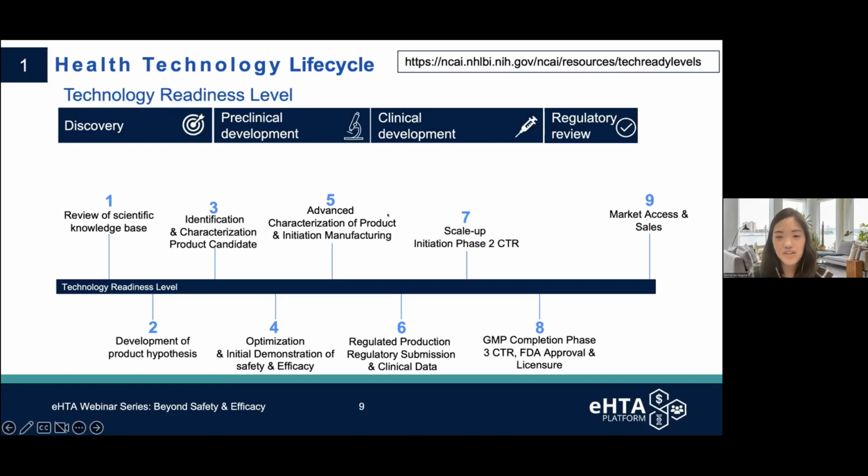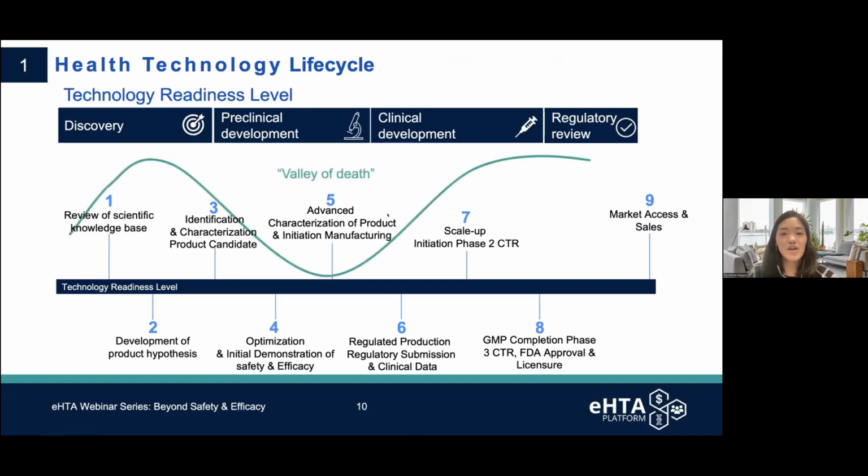Regardless of how you depict the health technology life cycle, going through all of this is not easy. We have heard stories that it takes 10 to 15 years to get through all of it, and many fail to bridge what we call the valley of death, a phrase often used to refer to the gap between the translation of laboratory findings to humans.